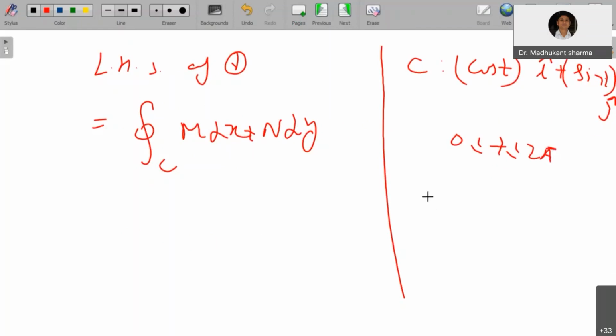So dx is minus sin t dt and dy is cos t dt, and m is x minus y.